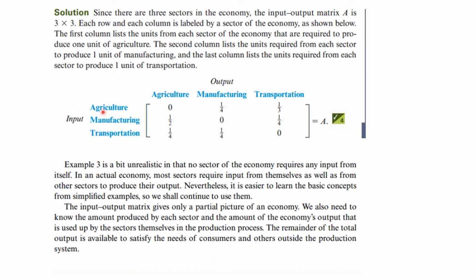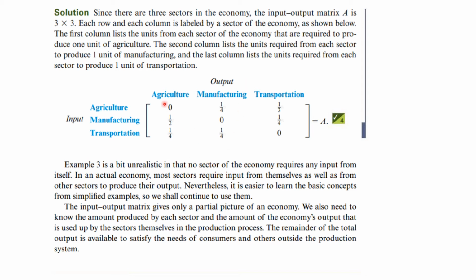Okay, so you see 1 unit of agriculture, so these are the inputs here, the outputs are up here. So to make a unit output of agriculture, I need 1/4 from manufacturing and 1/3 from that. So this is the input, and these are the outputs.